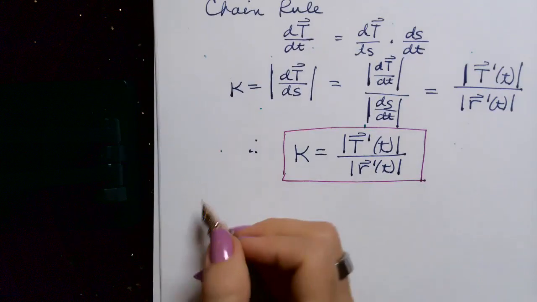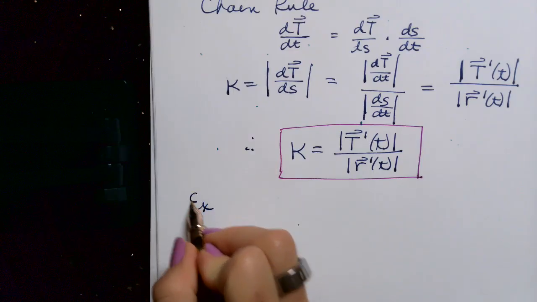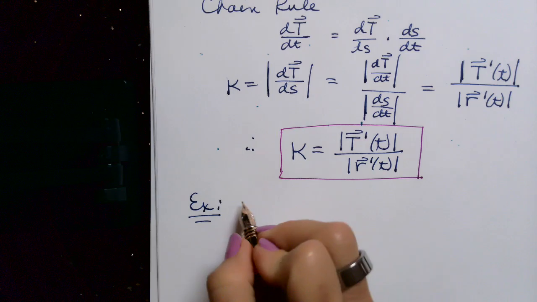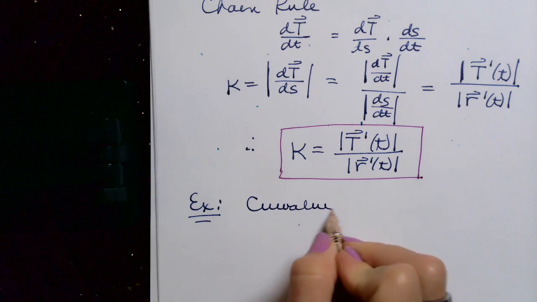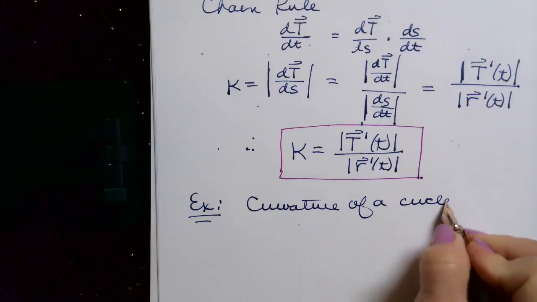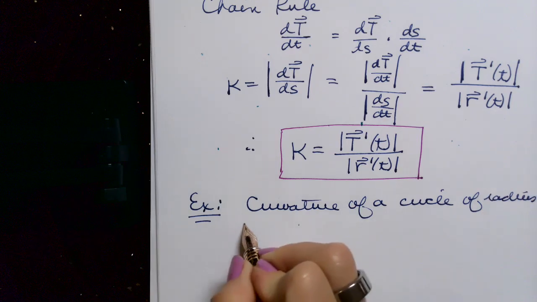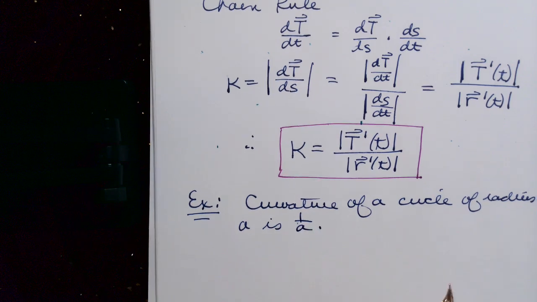Okay, so now using this formula, it's easy to get a nice little lemma, you could call it, or a little proposition, which we'll call an example here. The curvature of a circle of radius a is 1 over a. So the curvature of a circle of radius a is 1 over the radius.